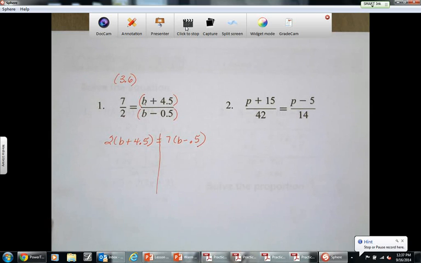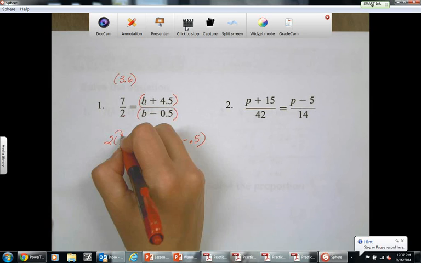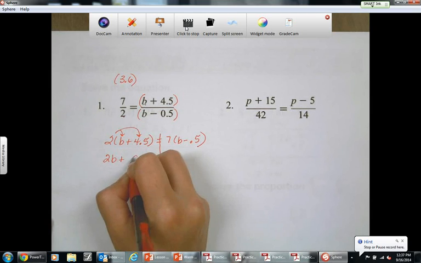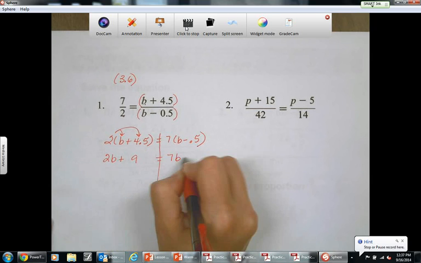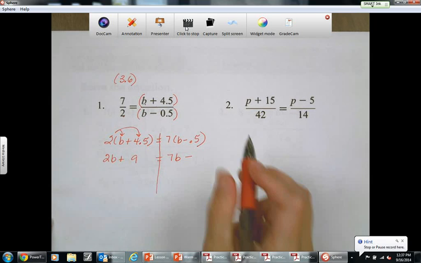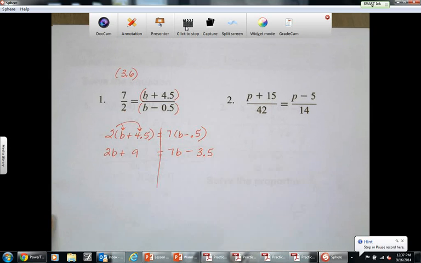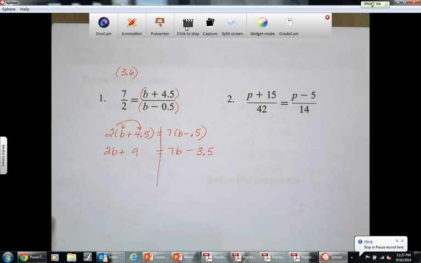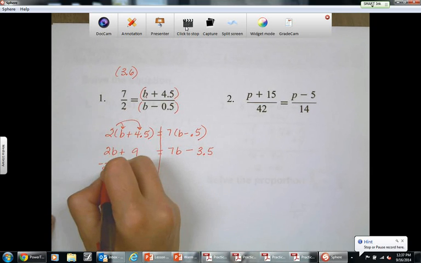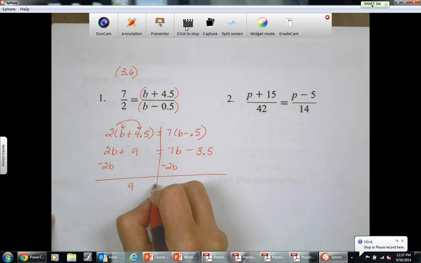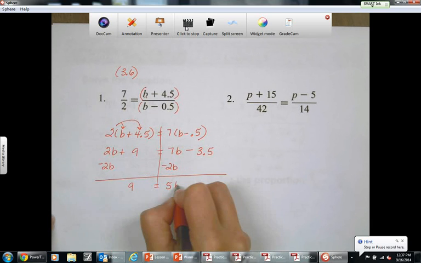And then I would go ahead and get the variables together first. Now, remember my rule: if it starts out with a decimal in it, you guys can use decimals.